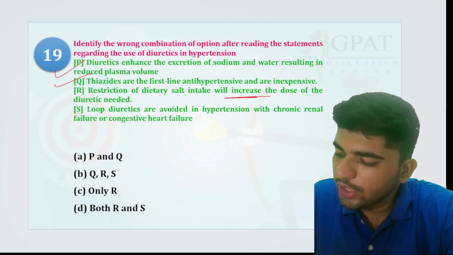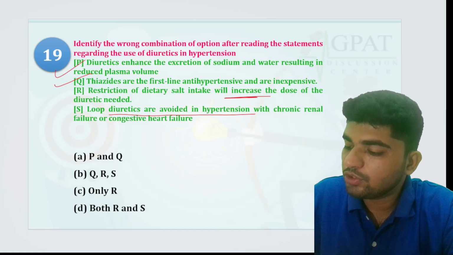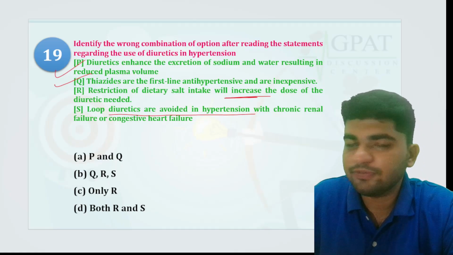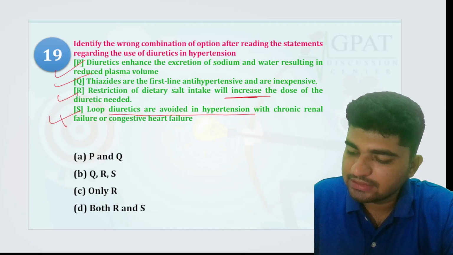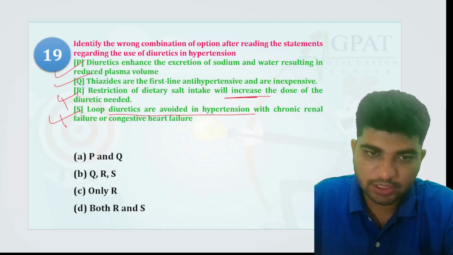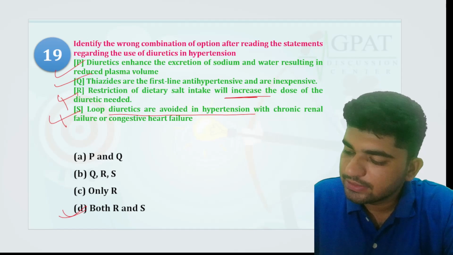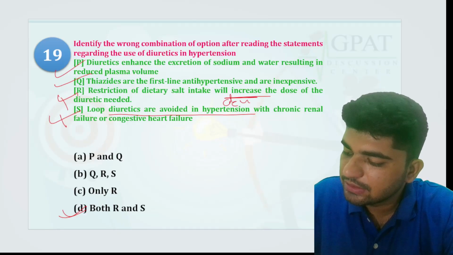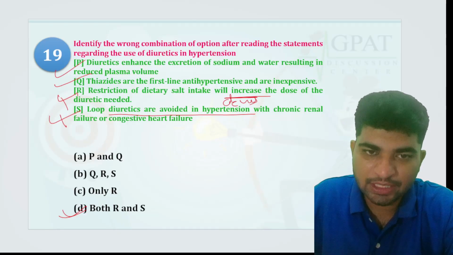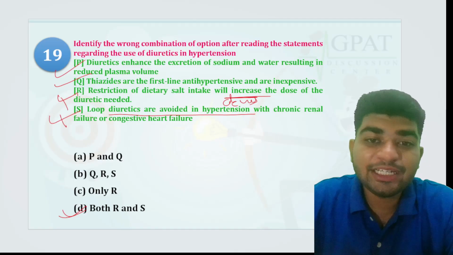Loop diuretics are avoided in hypertension with chronic renal failure or congestive heart failure. No, R and S are the wrong options. Here, restriction of dietary salt intake will not increase, it will decrease the dose of diuretic needed, because ultimately you are reducing your dietary salt.